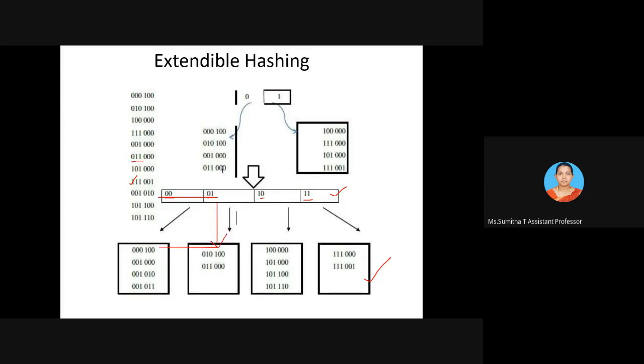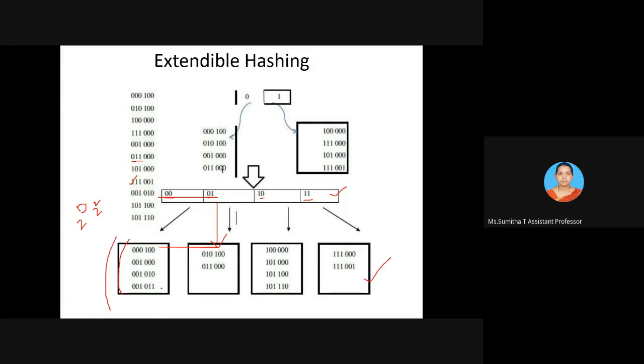Again, the size of the particular leaf depends on 2 power D. D is nothing but the number of bits in the root directory. So what is the size here? This is the root directory. How many bits? 2 bits. So I can say 2 power 2, that is 4 entries I am able to insert in the particular leaf.